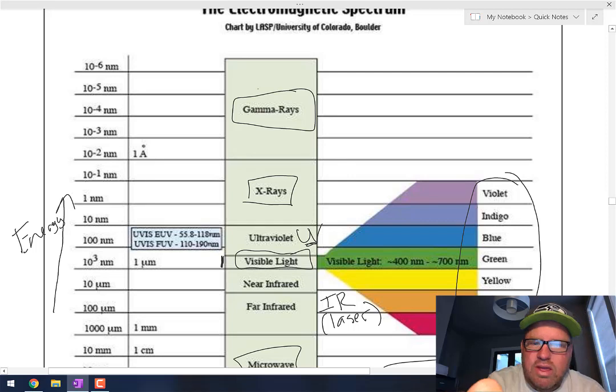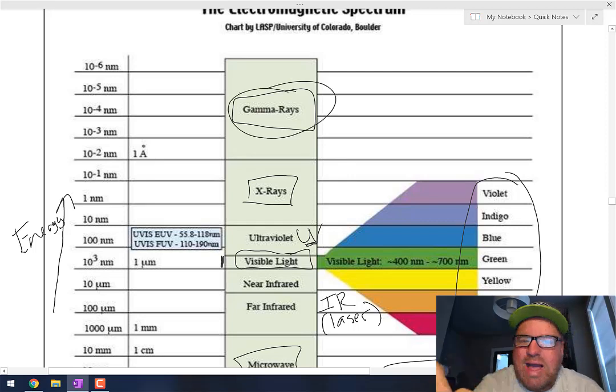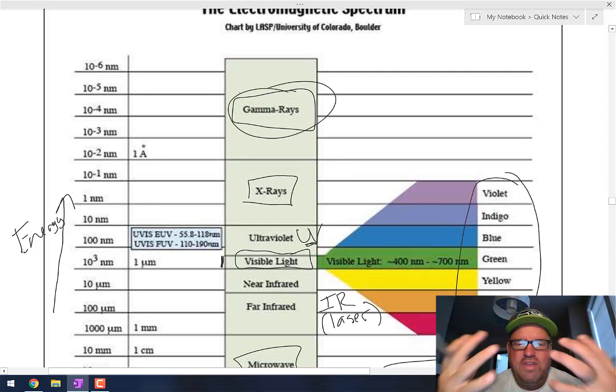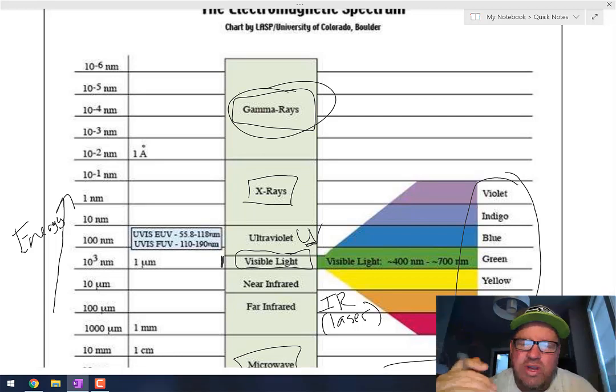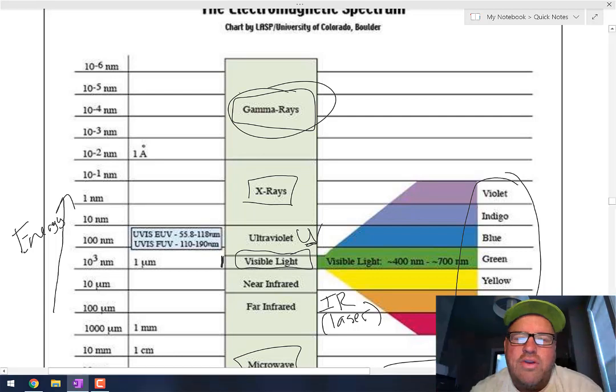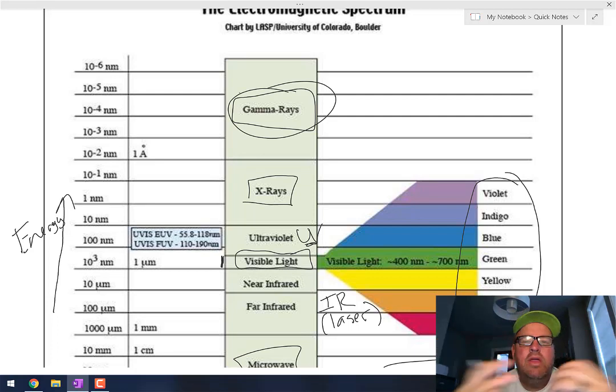Okay, so gamma rays are really high energy waves that if they hit you, again, you don't really feel it. Just like when you're getting a sunburn, you don't really feel it until later on that day when you're like, oh man, I got a bad sunburn. Gamma rays are the same way. You can be sitting there watching a nuclear reactor meltdown like happened in the 1980s in Ukraine. When Chernobyl had a nuclear meltdown, people were watching it.